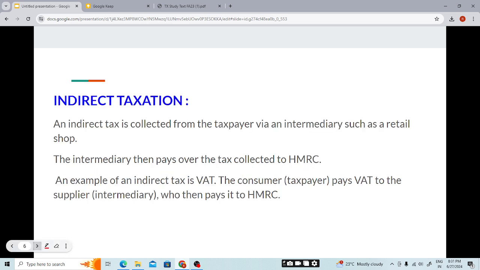When it comes to indirect taxes, an indirect tax is collected from the taxpayer via an intermediary such as a retail shop. Like I am a retailer, you pay me the indirect tax, I will pay to the HMRC.